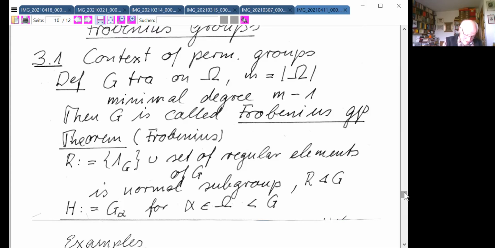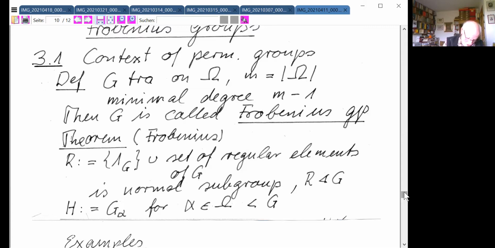And then you take from the group G away the union of the H's and add the identity, and this must be then a normal subgroup. We call R the Frobenius kernel and H the Frobenius complement.